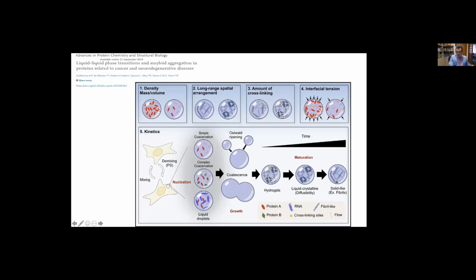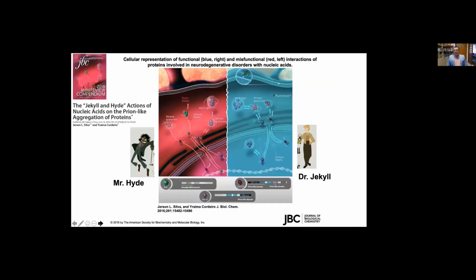We have seen that with several proteins, and we will see more examples later. But one thing that has been clear is the participation of some polyanions, especially RNA and sometimes DNA.